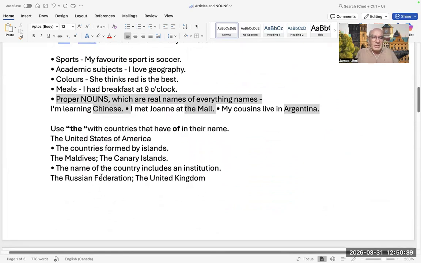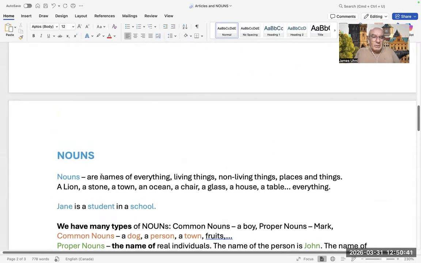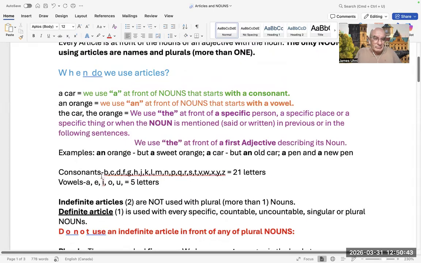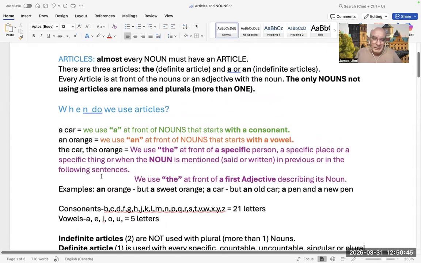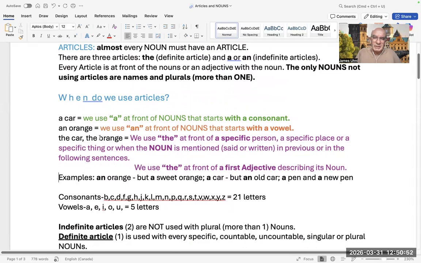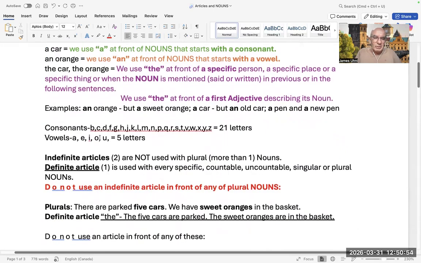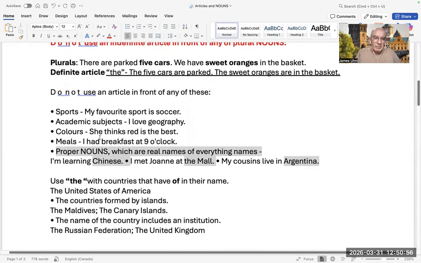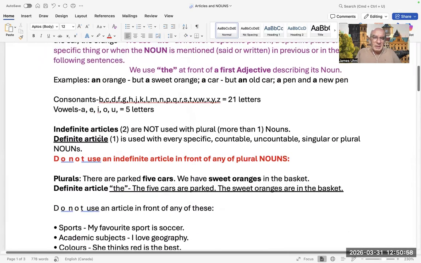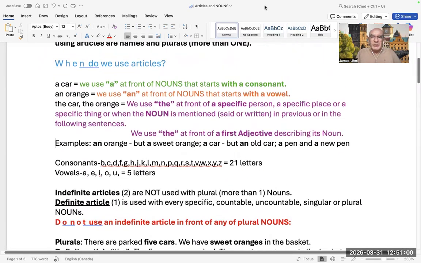All right. This is all about articles. A, AN, and THE. You have to learn how to use them, and it's very simply explained over here. More complicated usage will be explained later as we progress in learning further grammar of this English subject.